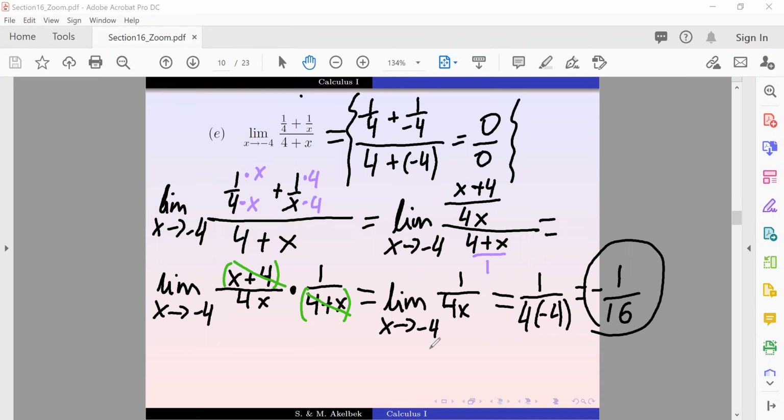Other questions? Earlier in the equation, when you multiplied by x and then by 4, why did you do that again? To perform this, to add this fraction. How do we add fractions? I would like to make one fraction here. So to make one fraction, how do we add fractions?